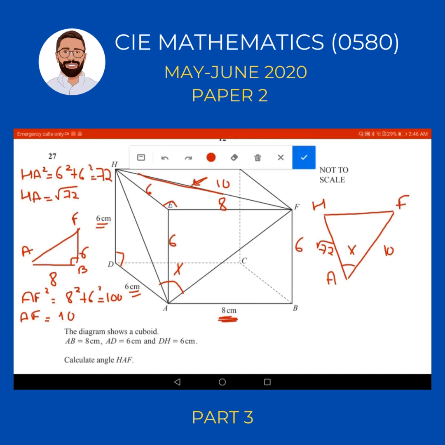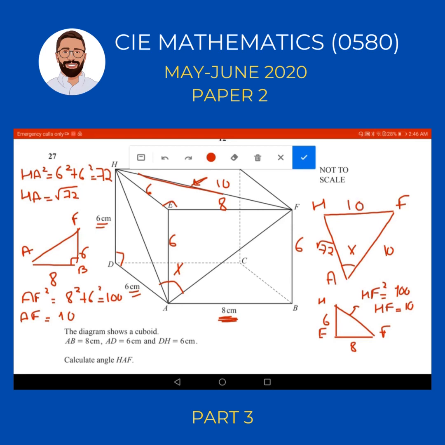So again, the same as the previously drawn triangle. You need to use Pythagoras' Theorem here again. So this is H, this is E, this is F, and this is HF, this is 8, this is 6. So HF squared is equal to 6 squared plus 8 squared, which is 100. So HF is 10, sorry.